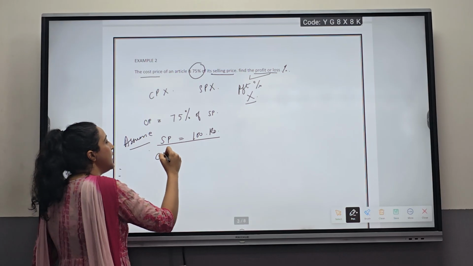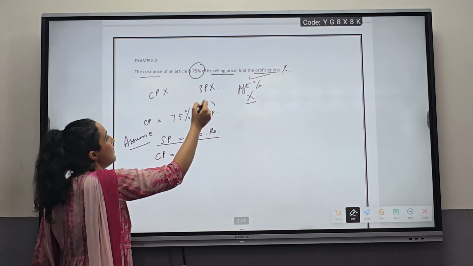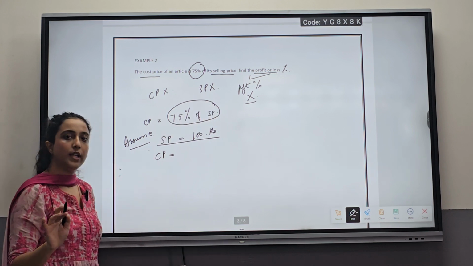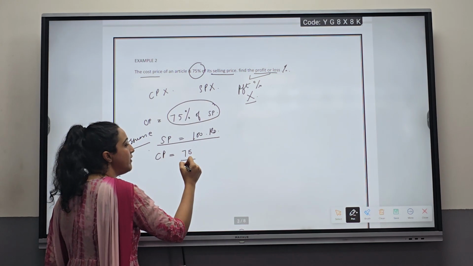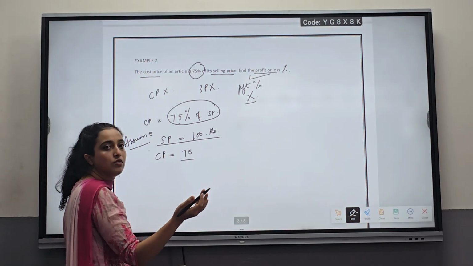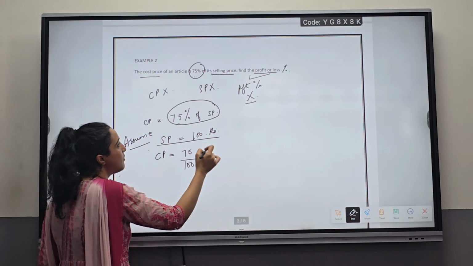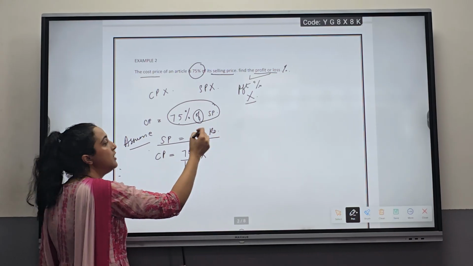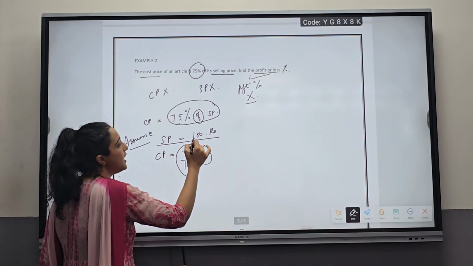Now I know cost price is what? Cost price is 75% of selling price. For percent, convert it into an amount: 75 divided by 100 multiplied by, of means multiply, selling price.